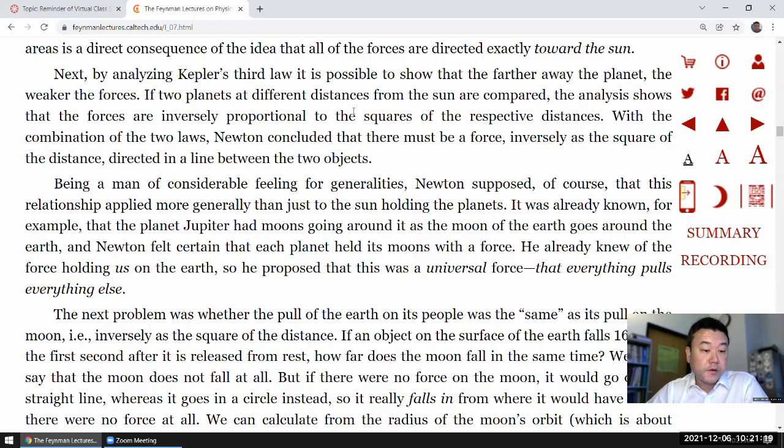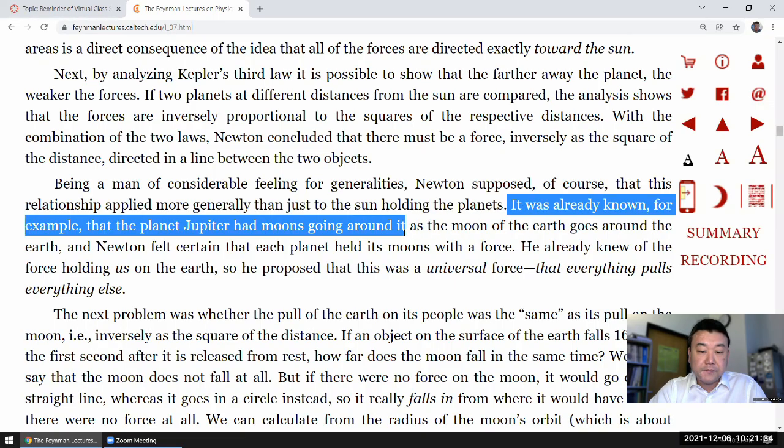He already knew of the force holding us on the earth, so he proposed that this was a universal force, that everything pulls everything else. This discovery, by the way, was by Galileo, and it was one of the discoveries that supported the heliocentric model, and refuted some of the objections to the heliocentric model.